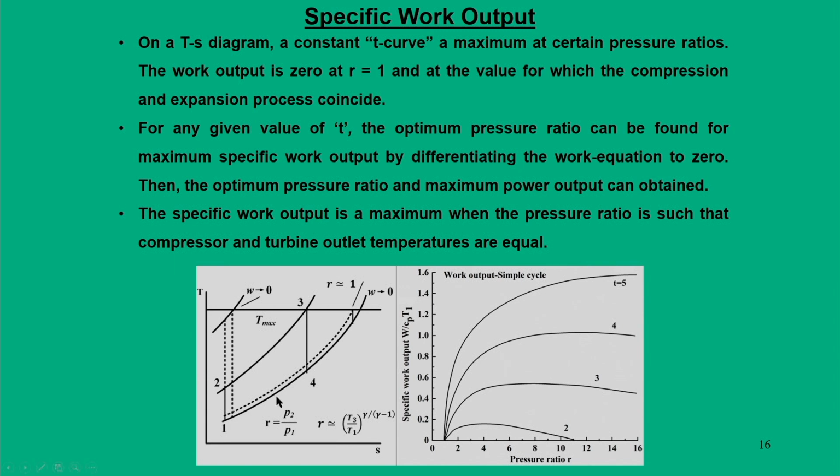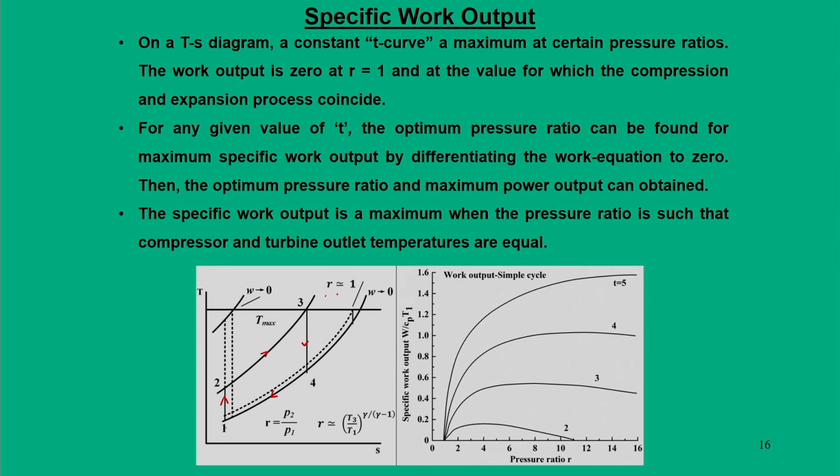To do that, we recall our temperature entropy diagram and try to see the actual cycle, 1, 2, 3, 4. This is the actual cycle we have been studying and analyzing. Now, let us see W is equal to 0 at two locations, first when R is equal to 1.